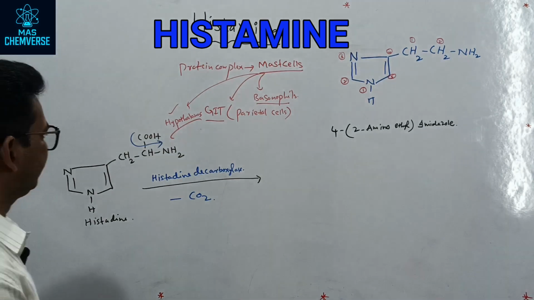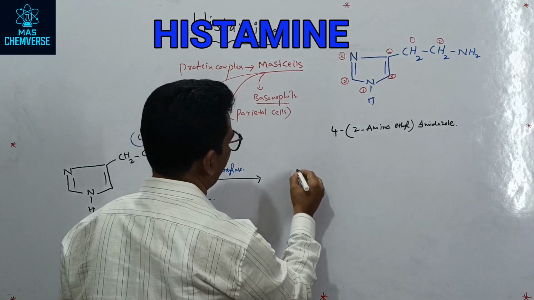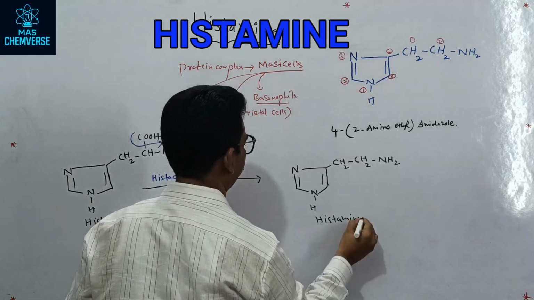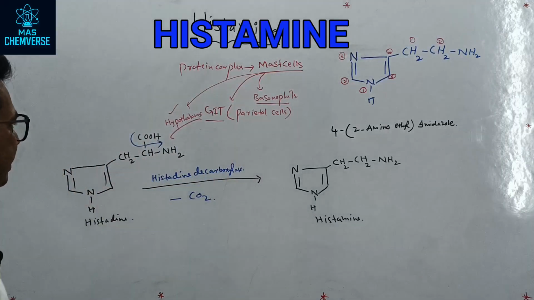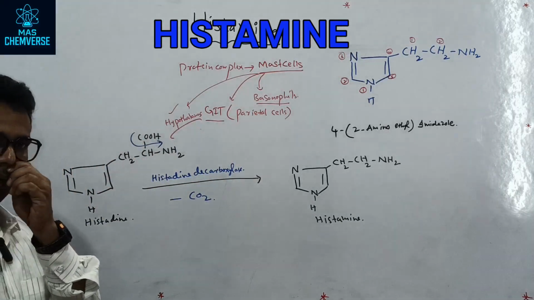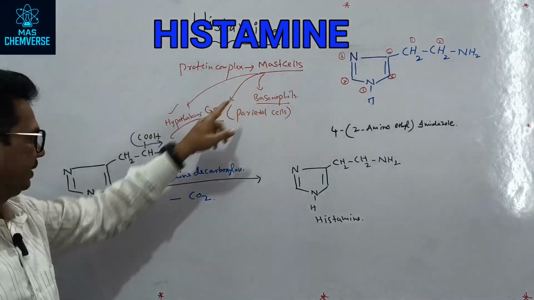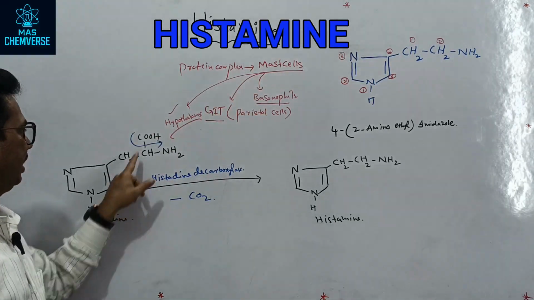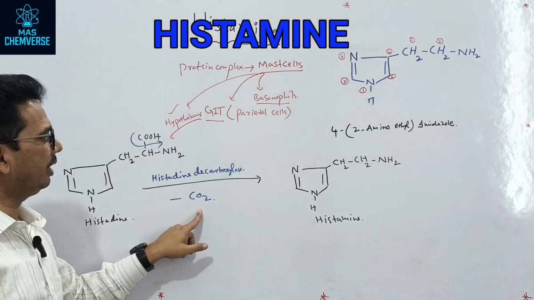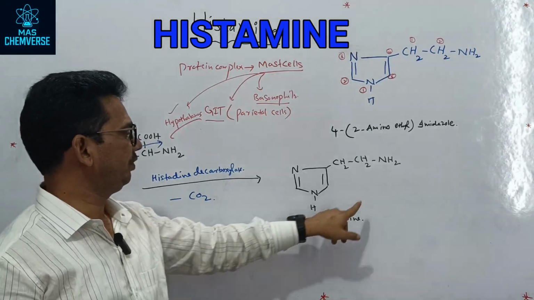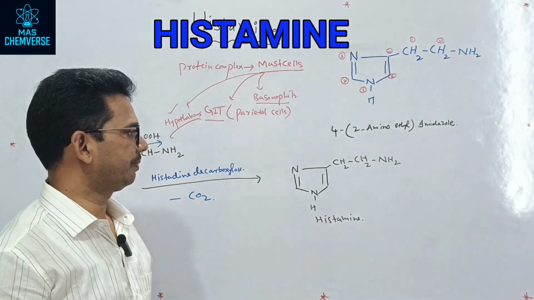Removal of the carbon dioxide produces histamine. This is the synthesis of histamine. Histidine undergoes decarboxylation, especially in the mast cells. Once it undergoes decarboxylation, removal of carbon dioxide takes place, and then it is converted to histamine.